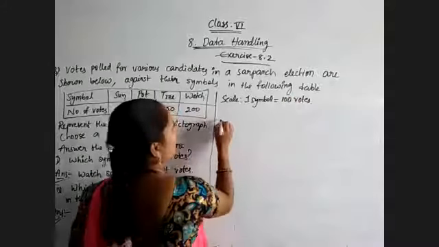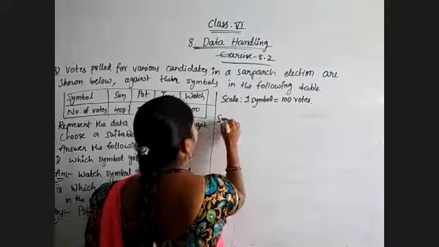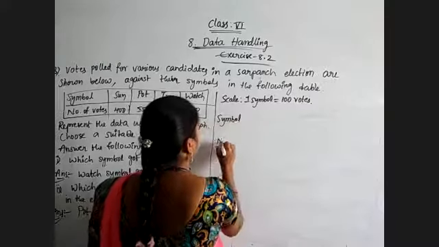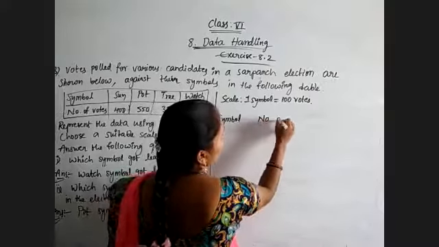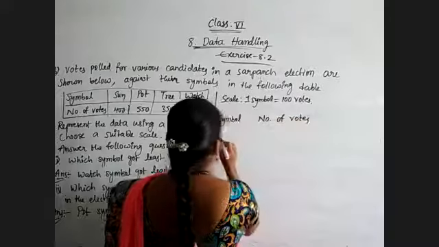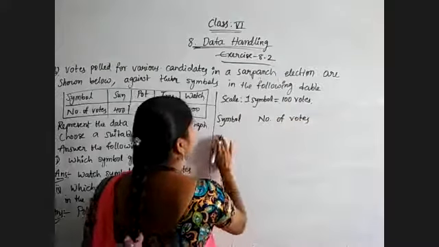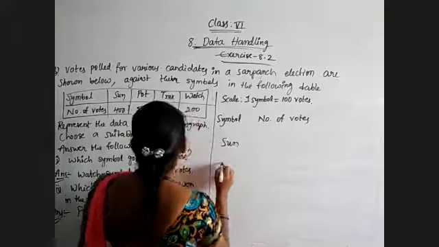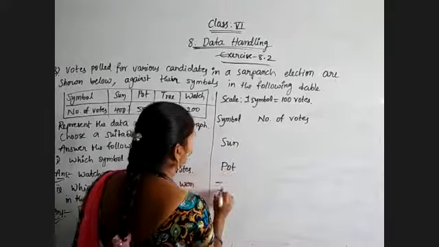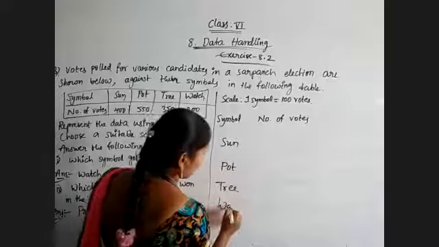Okay, now symbol and number of votes. The first symbol is the sun, next pot, tree, and watch.